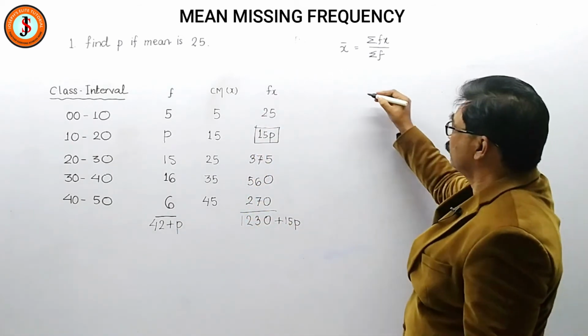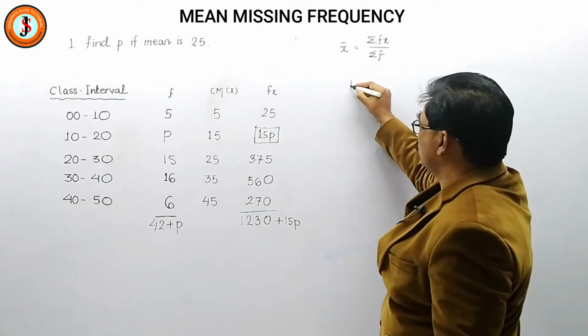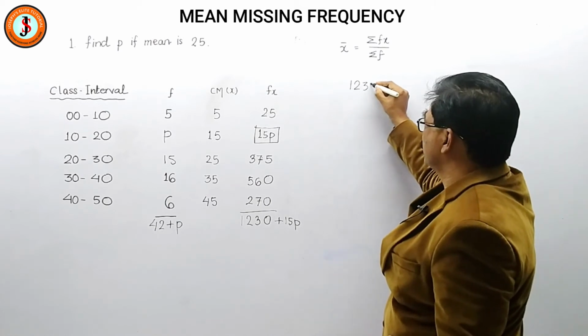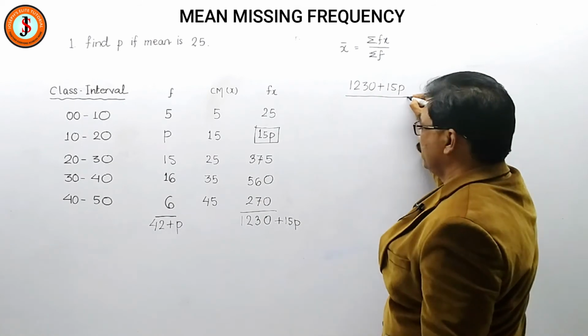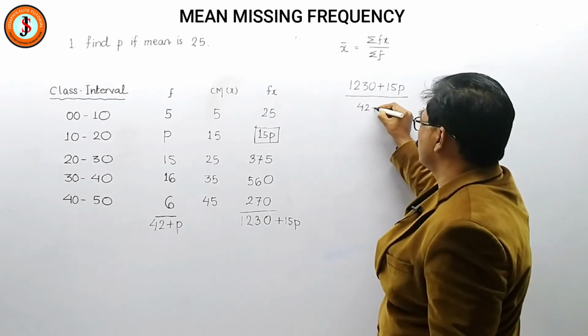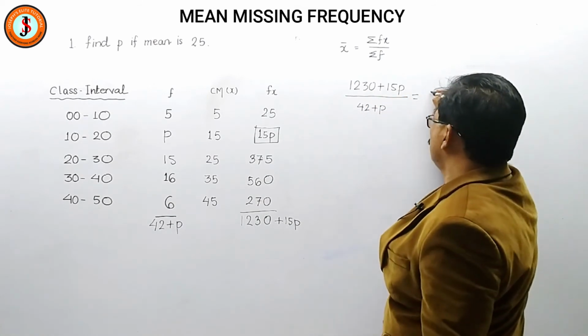So now we set in the formula. So 1230 plus 15p divided by 42 plus p is equal to 25.